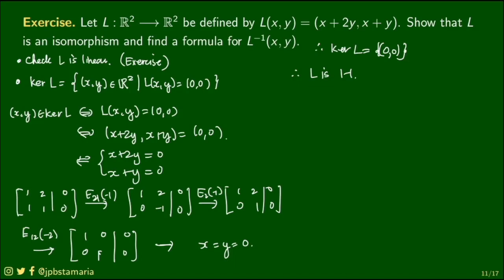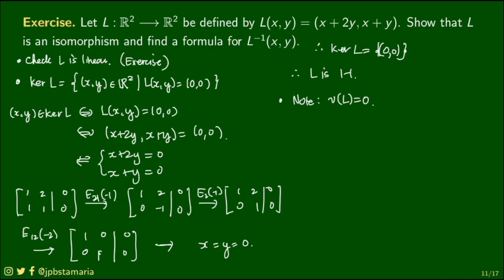Right? To prove that L is onto, take note that I don't really need to do anything more. Why? Thanks to the rank nullity theorem. Note that here the nullity of L is 0 because the kernel only has one vector or one point in it.